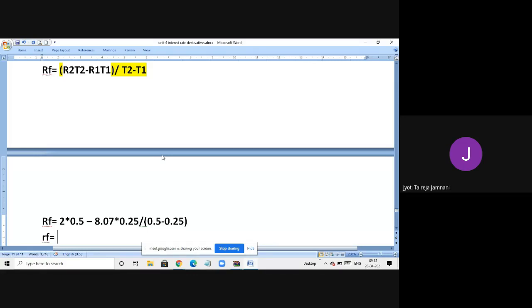So if we solve this, you will get minus 4.07%.